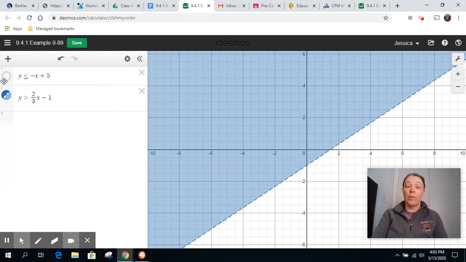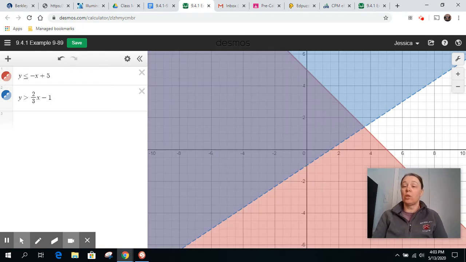When I turn them both on, we want to look at the region that's doing two things at once: less than or equal to the pink line, and greater than the dashed blue line. Which part is doing both of those things at the same time? Being below the pink line and above the dashed blue line, it would be this purple region right here. That is my solution region.